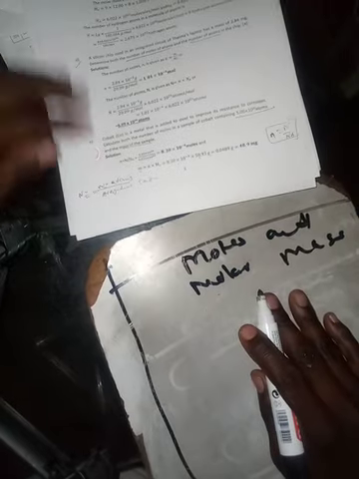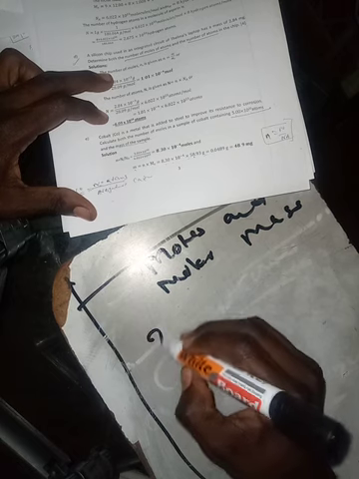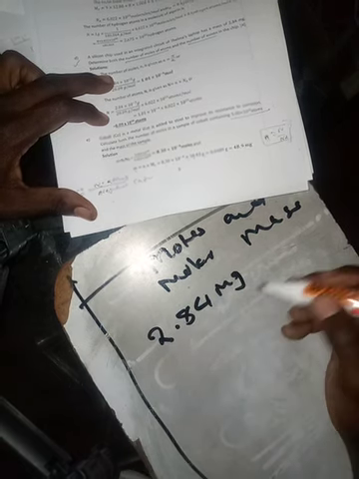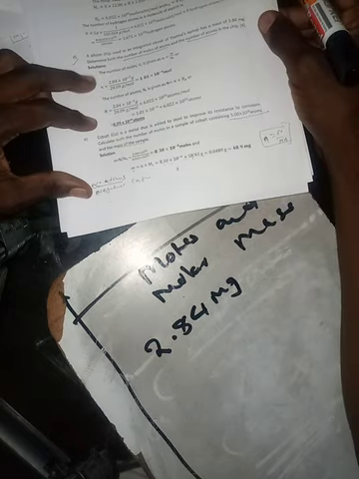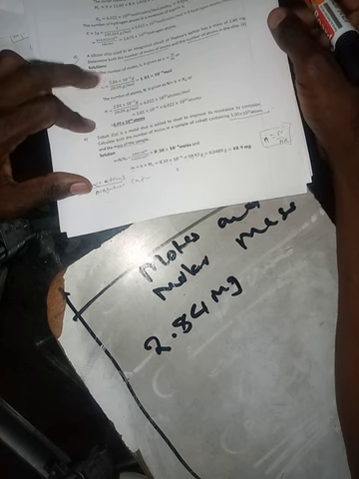It says a silicon chip used in an integrated circuit of Thelma's laptop has a mass of 2.84 mg, which is milligrams. Determine both the number of moles and the number of atoms in the chip.